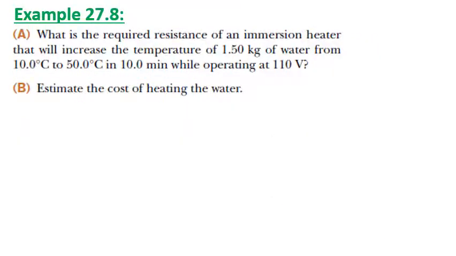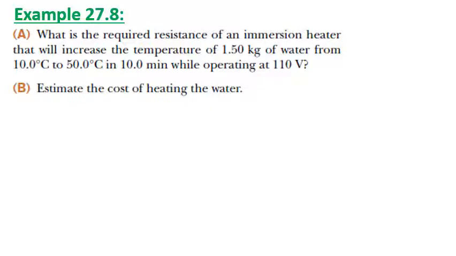Next is example 27.8. It has two parts. In part A, it says what is the required resistance of an immersion heater that will increase the temperature of 1.5 kilograms of water from 10 to 50 degrees Celsius in 10 minutes while operating at 110 volts.